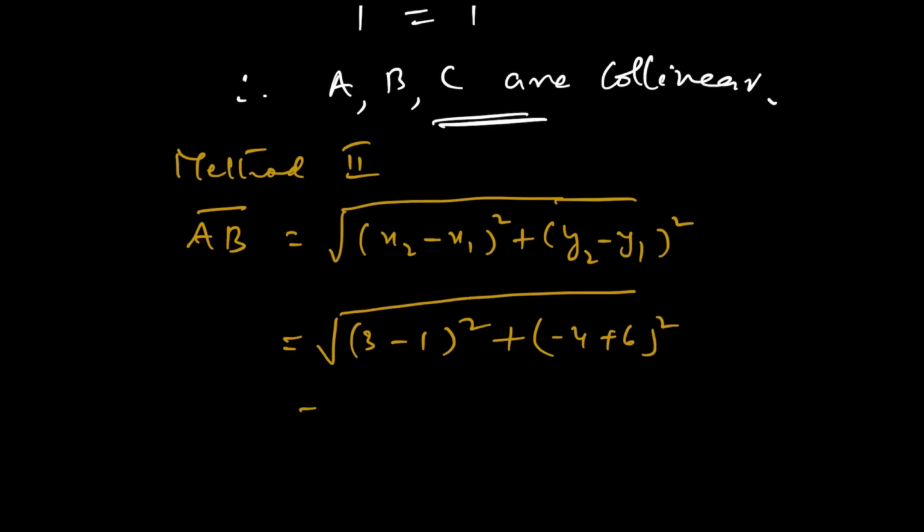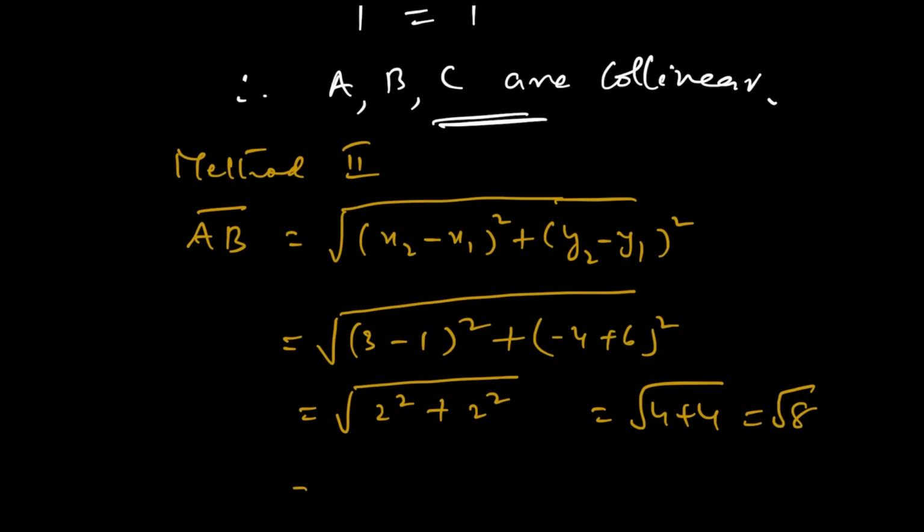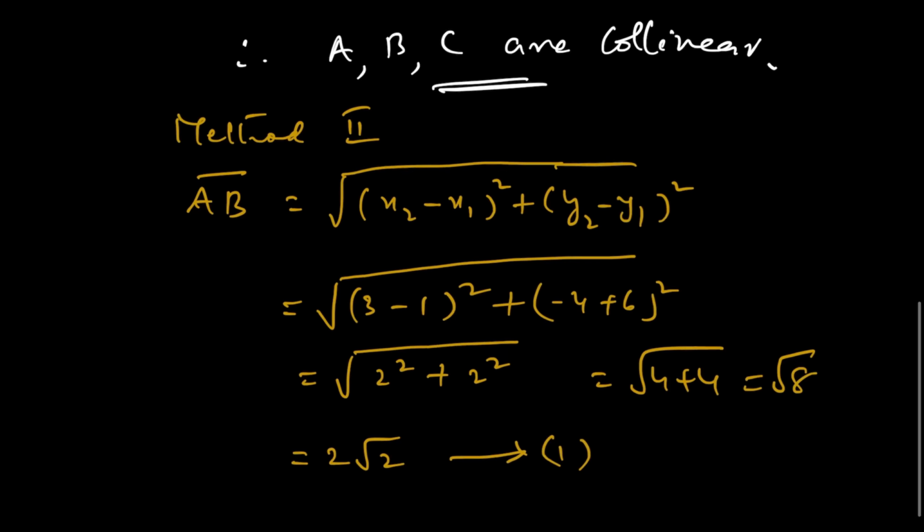How much is it? 2 square plus 2 square, 4 plus 4, means square root of 8, which is 2 root 2. 4 into 2, square root of 4 is 2. 2 root 2: take this as result 1.